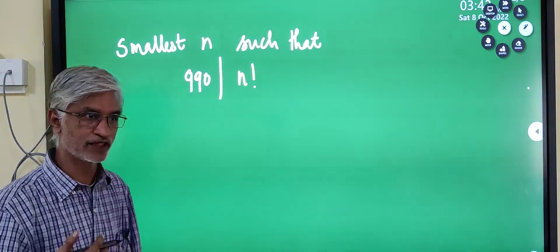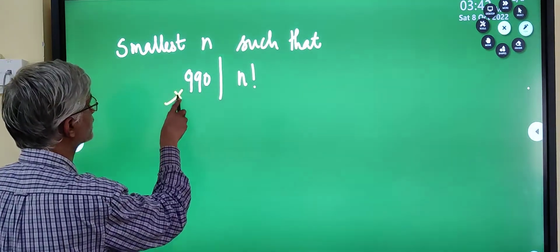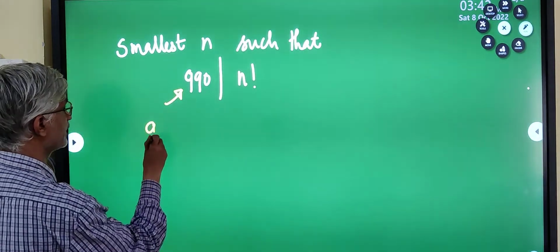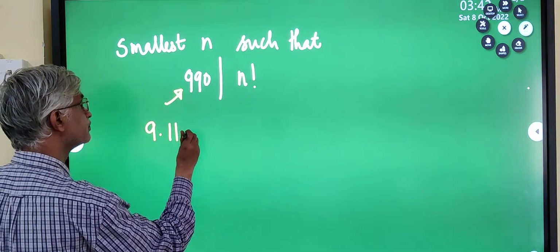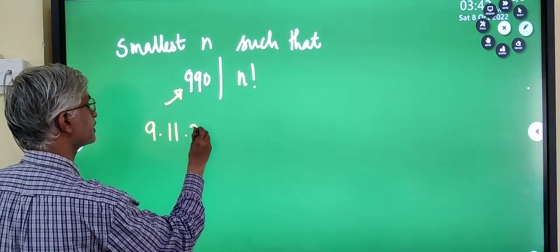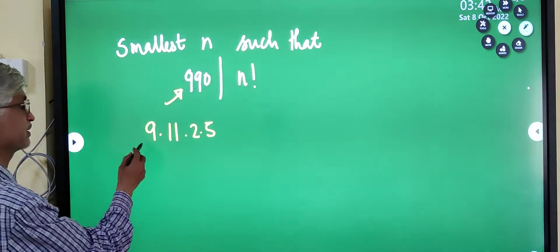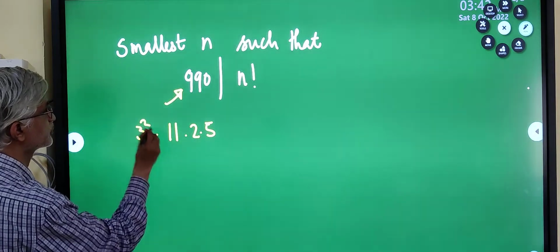Once again, I just want to highlight the first step. The first step is to think of the prime factors of 990. Now this is 9 into 11 into 2 into 5, and I can write 9 as 3 square.